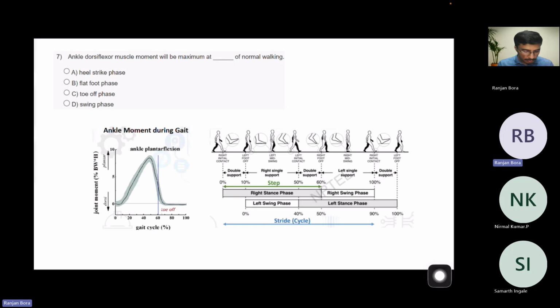You can see this is the gait cycle, and this moment is for dorsiflexion, and this upper moment is for plantar flexion. At the starting, at the heel strike phase, it attains a peak. So for the dorsiflexion case, option A is correct.